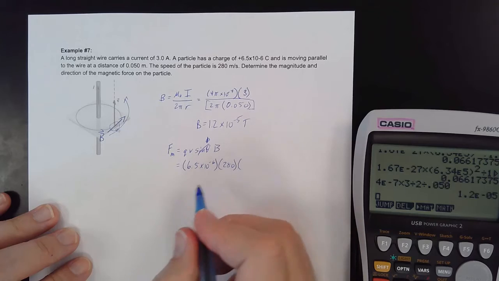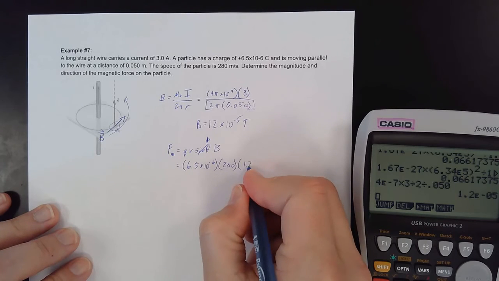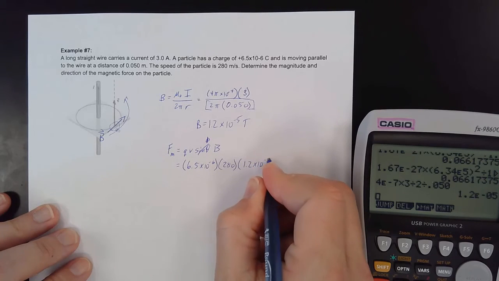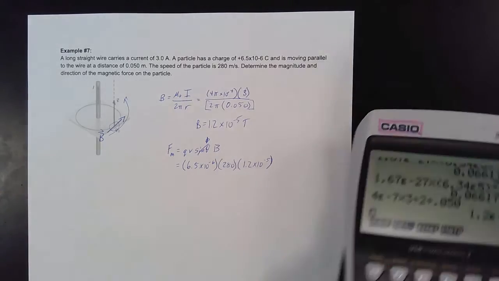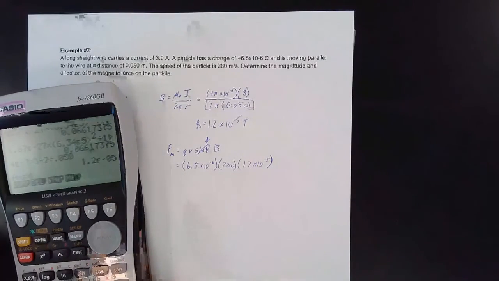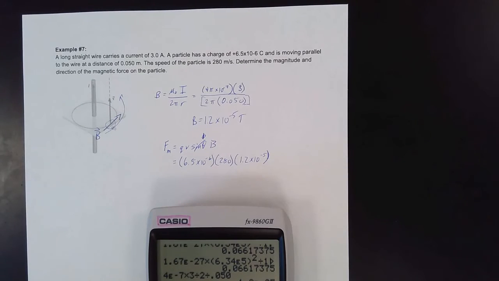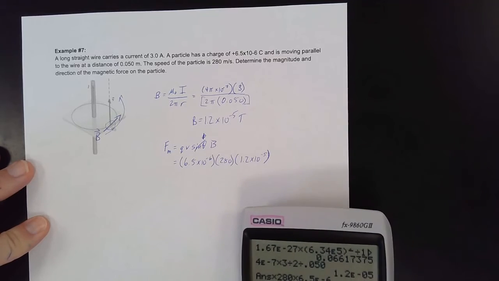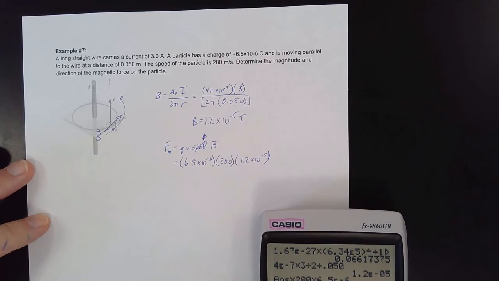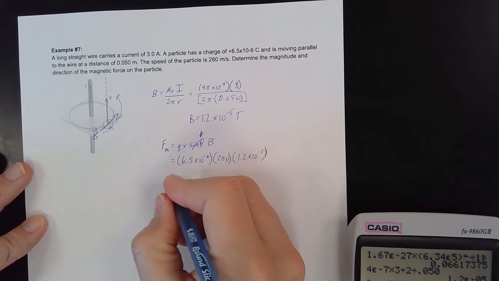And then the magnetic field we just found, which is 1.2 times 10 to the negative fifth. And so we'll multiply that by the 280, and then multiply by the 6.5 times 10 to the negative sixth, and we get 2.18. Looks like I only have 2 sig figs, so 2.2 times 10 to the negative eighth.